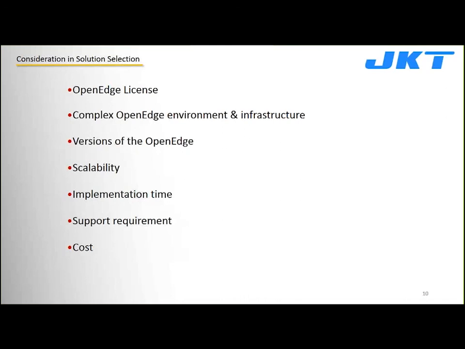For example, some applications are running on older versions of Progress, say version 9.1 or before, some organizations are running on 8.3, and some applications are upgraded to the latest version like 11.x. In 11.x, we consider 11.1 to 11.7. This type of OpenEdge environment needs special evaluation before selecting the replication solution.